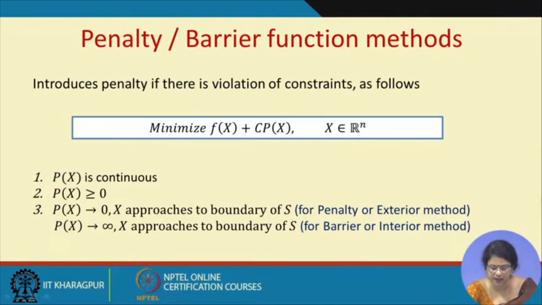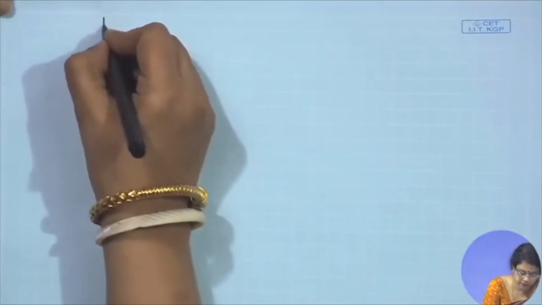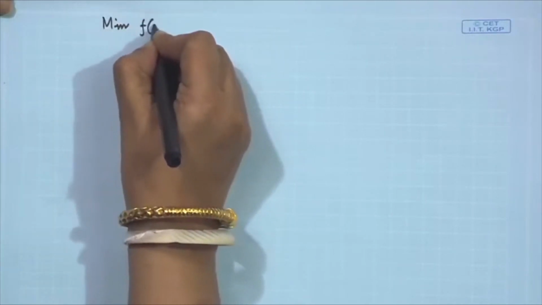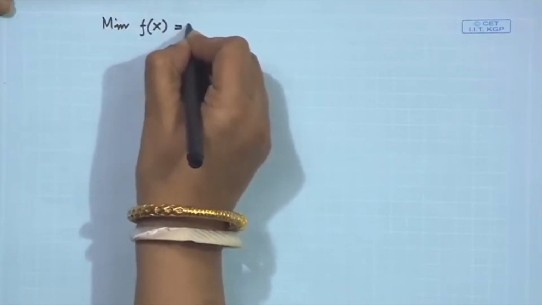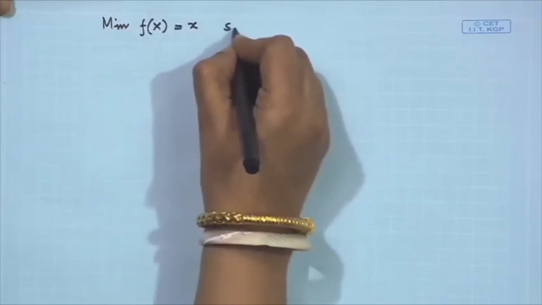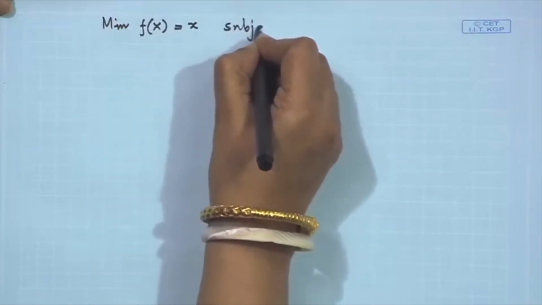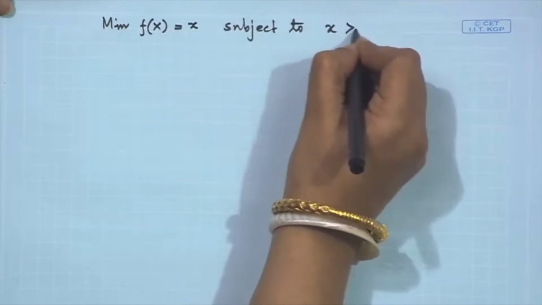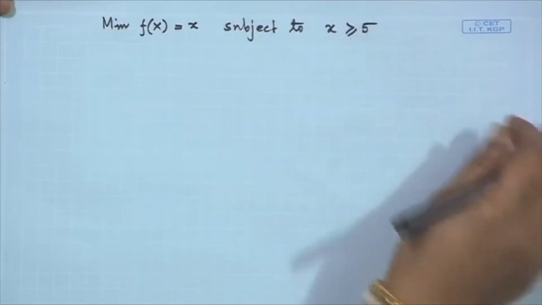Let me take one example for this. Let us consider one problem, minimization of fx equal to x, a one dimensional problem we are considering, subject to x greater than or equal to 5.